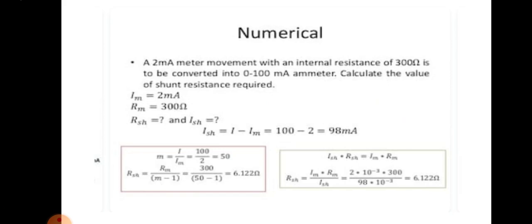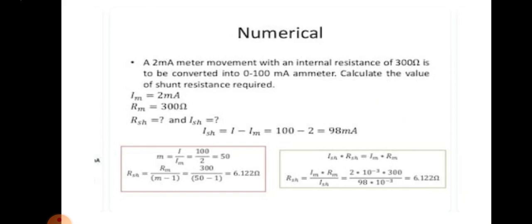Now the second example: a 2 milliampere meter movement with an internal resistance of 300 ohm is to be converted into 0 to 100 milliampere. Means the range is to be extended from 2 milliampere to 100 milliampere. Calculate the value of shunt resistance required.